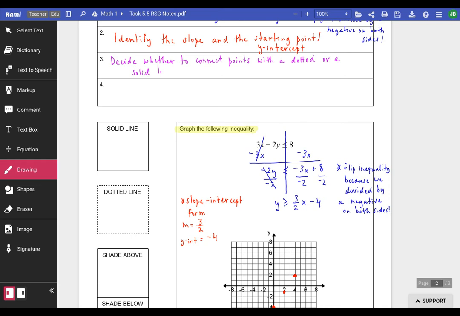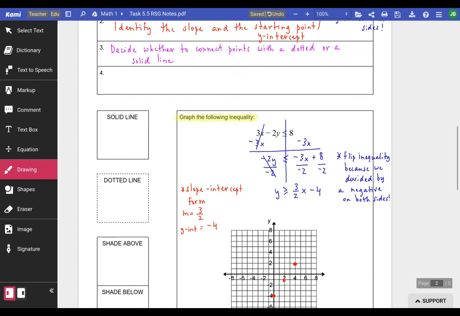Whenever we were graphing equations, we always used a solid line, but now we have to make a decision. If our symbol is less than or equal to or greater than or equal to, we're going to use a solid line. If our symbol is just less than or just greater than, we're going to use a dotted line.